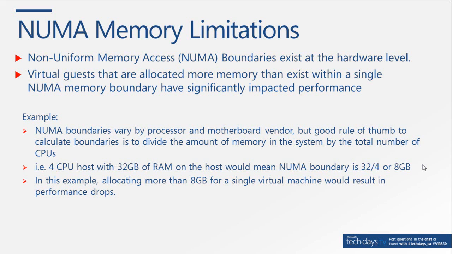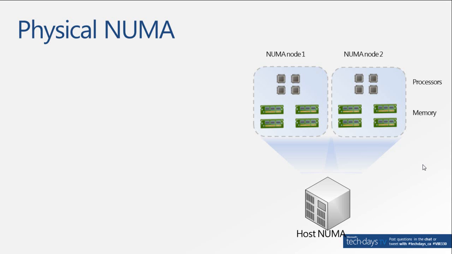It also means that if you allocate more than 8 gigabytes of RAM to a single virtual machine using a single processor, anything that requires RAM above that 8 gigabytes will require it to get the RAM from another CPU on the machine, which would slow things down. So let me give you a better example of this. With physical NUMA, you have essentially 2 NUMA nodes, NUMA node 1 and NUMA node 2.